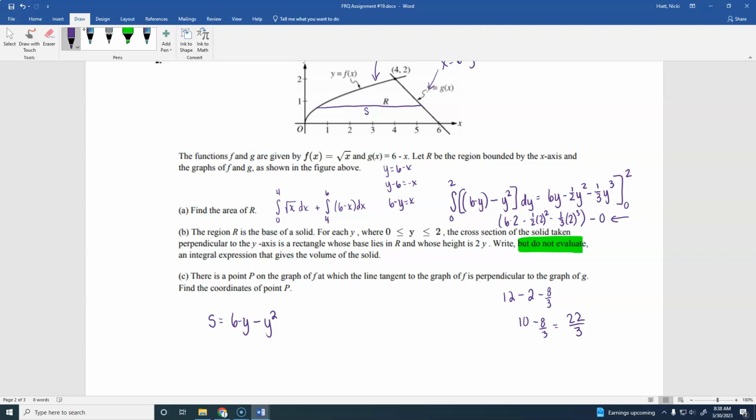So our rectangle that we're going to build here has a height of 2y, and then our base would be our S right here. So our area formula is going to be 2y times S, which for this equation, that S is 6 minus y squared.